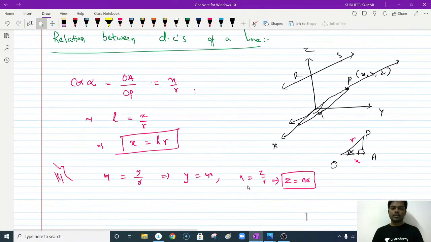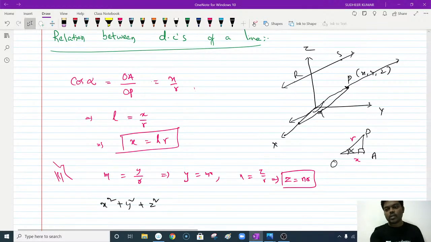So let us take the sum of these values: x square plus y square plus z square.